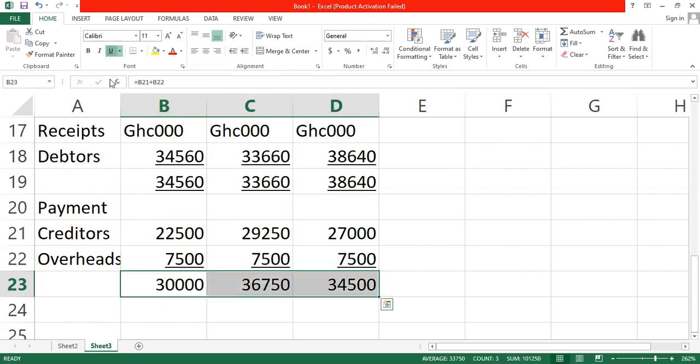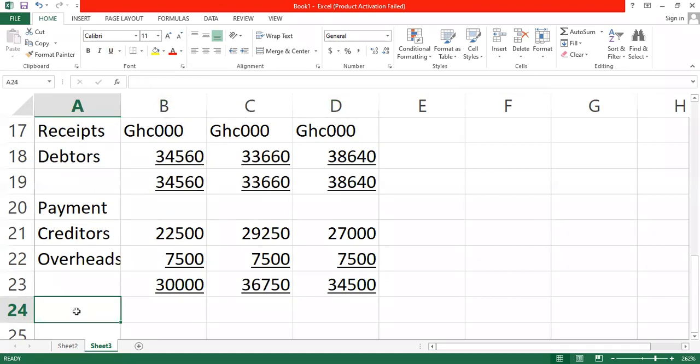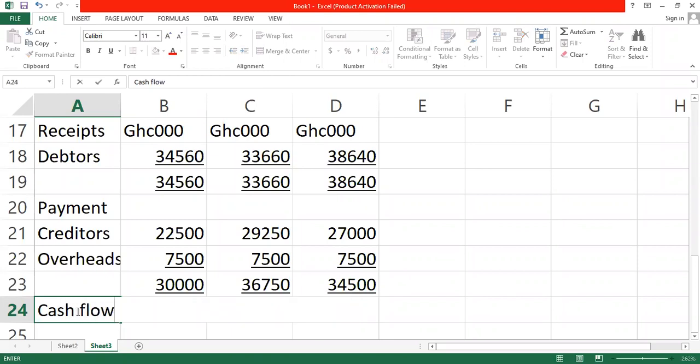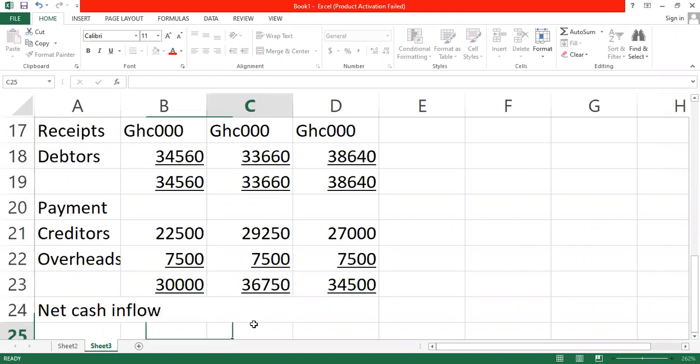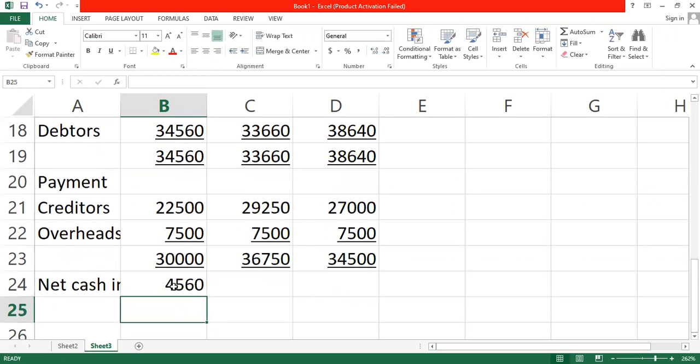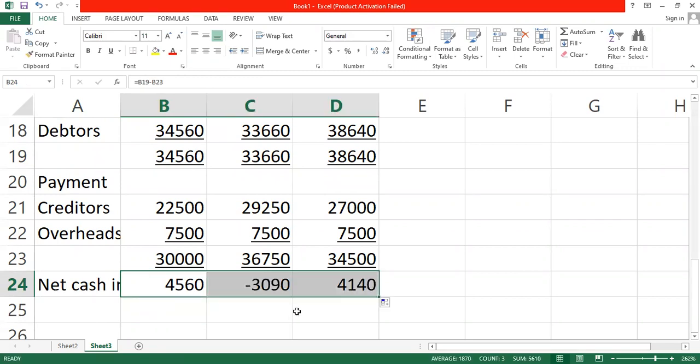So what is happening? Are we having surplus? For the first one, the cash that will be inflow, 4,560, net cash inflow, that will be 4,000.